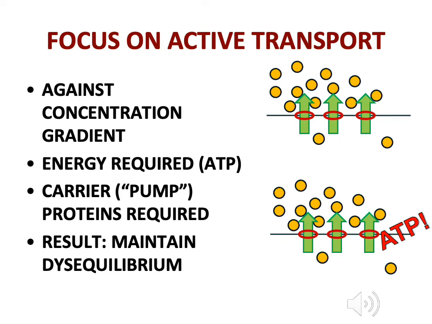A disequilibrium, technically, is nothing more than a term meaning the absence of an equilibrium. So we are going to reinforce the fact that we have a high concentration of molecules on one side of the membrane, and we're going to keep it that way because we use ATP as our fuel to activate these pump proteins to actually move the molecules from the lower concentration to the higher concentration.